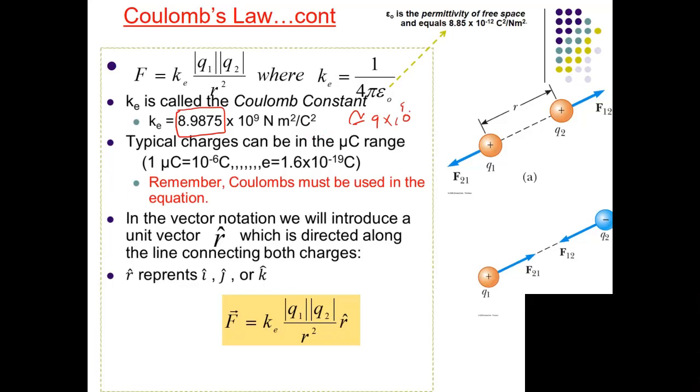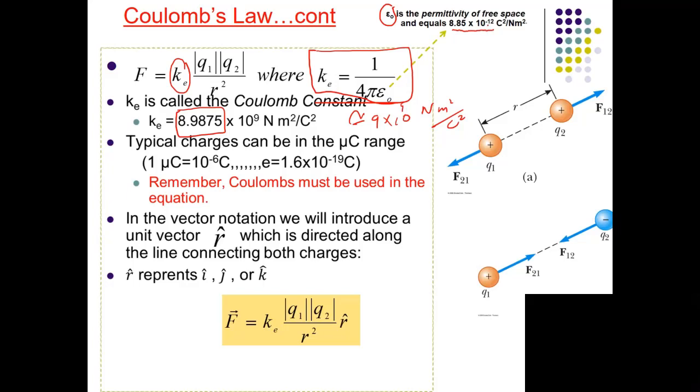And the unit is Newton meter squared divided by Coulomb squared. But K as a constant is related to another constant. K is equal to 1 divided by 4 pi epsilon naught. Epsilon naught is called the permittivity of free space, and it has the following value.